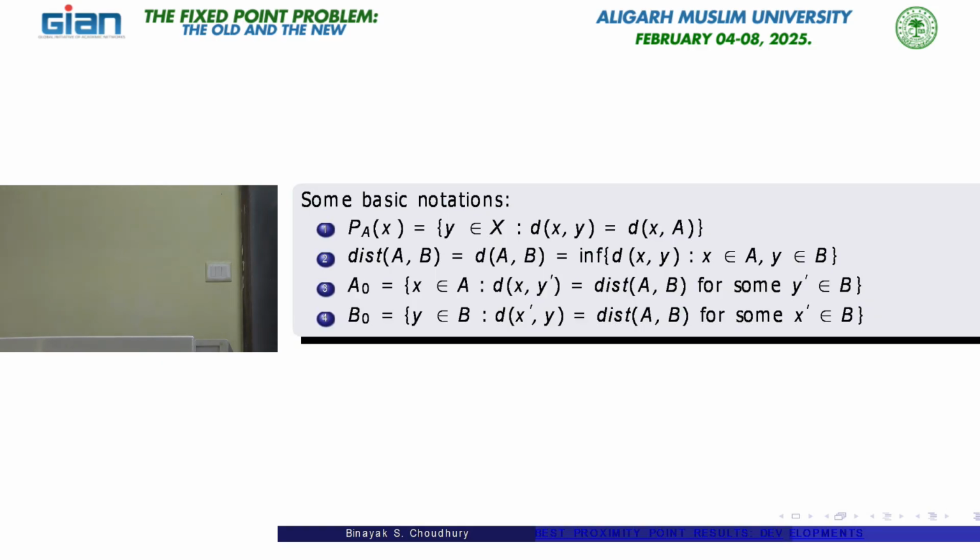So this is A and this is B. This border is A0 and this border is B0. If you have a point here, then you have a corresponding point here. So you can tally that this is A0 and B0.